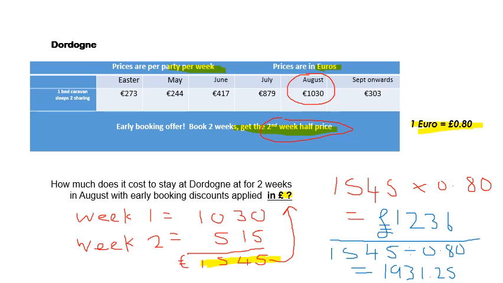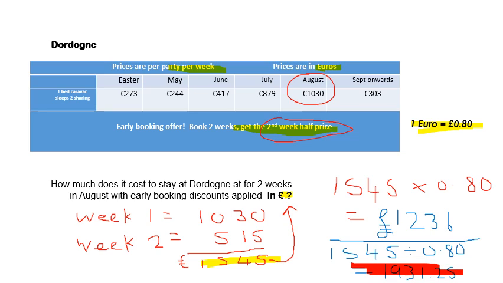Now you should know straight away you've done the wrong thing, simply because you know the answer can't be more than what the amount is in euros. That doesn't make sense. How could 1,545 euros be the same as 1,931 sterling? A euro is worth less than £1 sterling, so you should spot straight away that's too high.